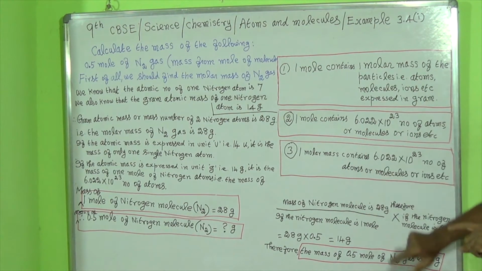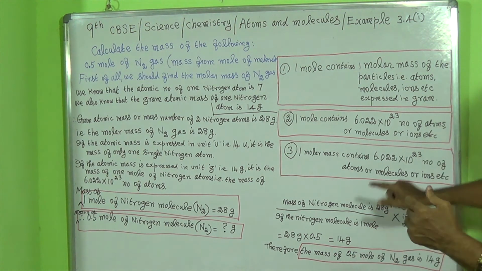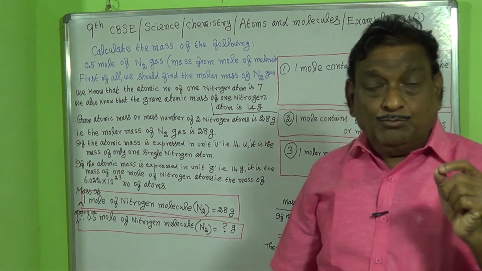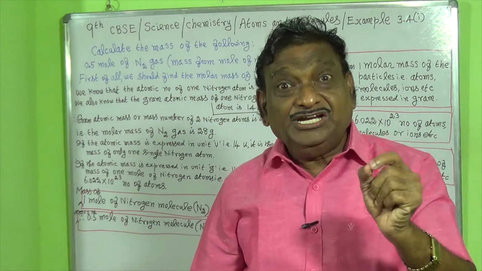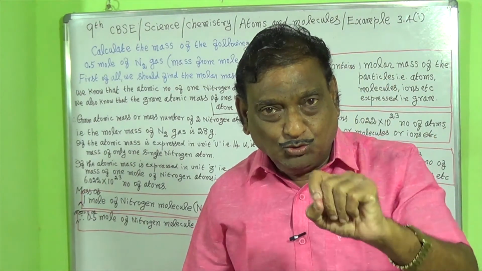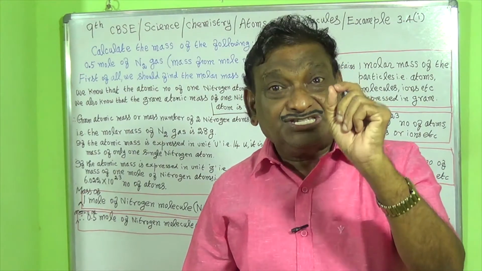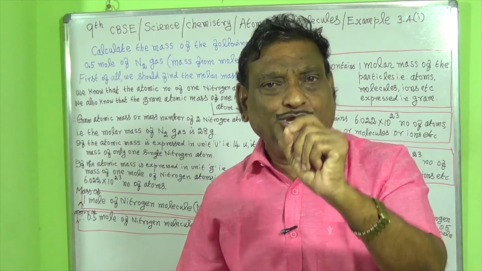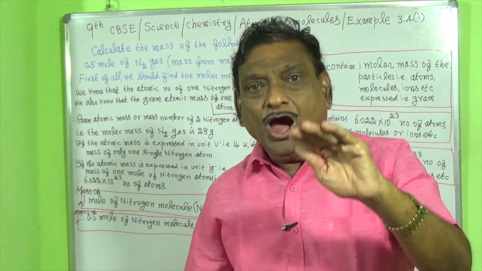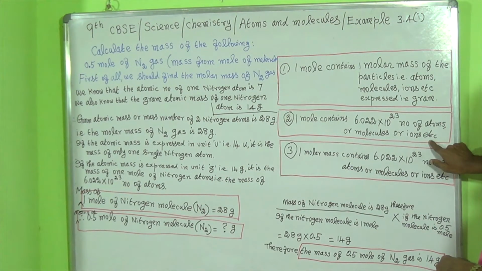The particles may be atoms or molecules or ions, etc. If the mole is expressed in terms of number of atoms or number of molecules or number of ions, 1 mole contains 6.022 into 10 to the power of 23 number of atoms or number of molecules or number of ions, etc.